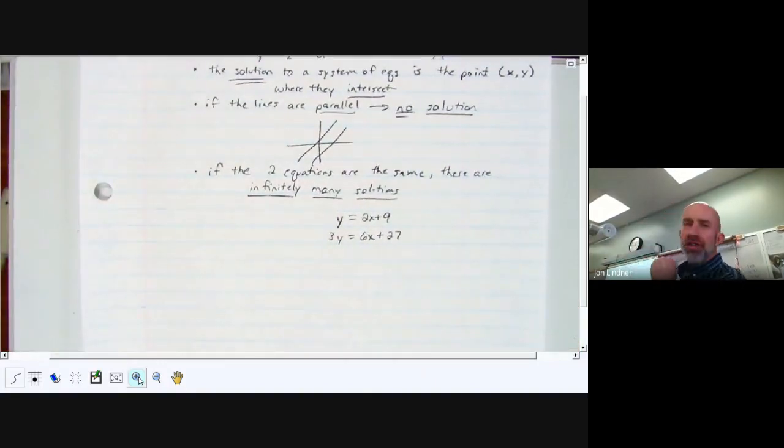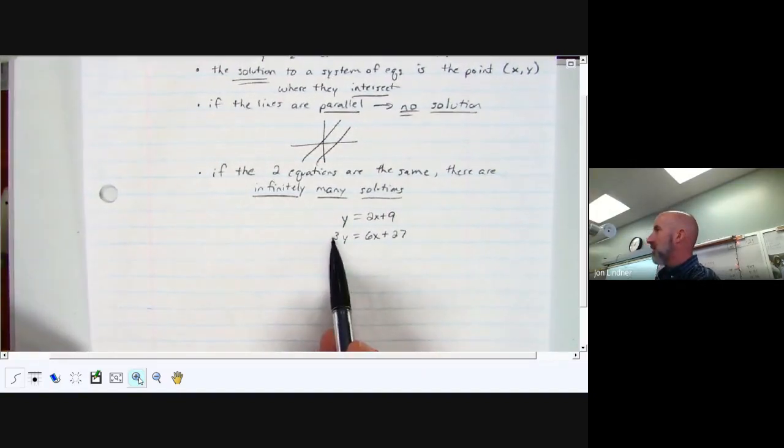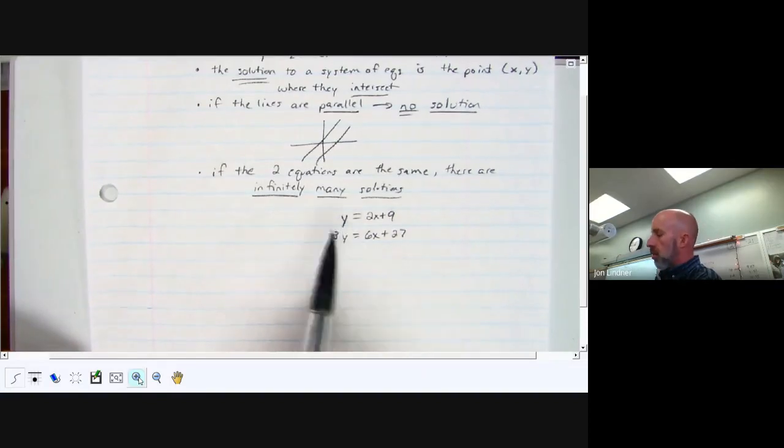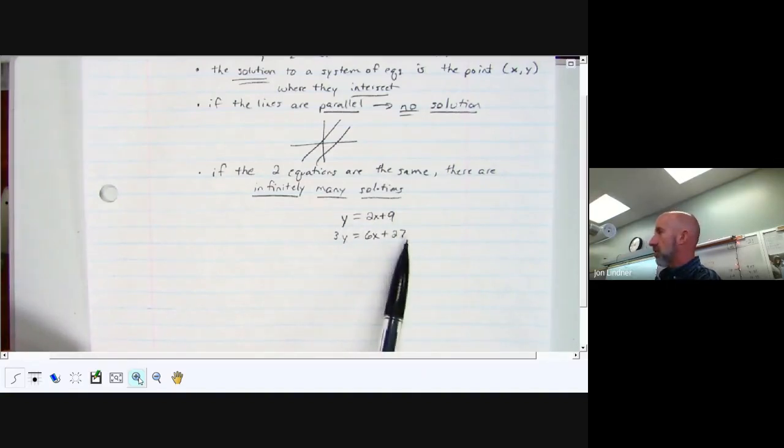If that is your system of equations, when you graph them, they would graph right on top of each other. Because look at this second one. Do you see this second equation is just the first equation multiplied by 3? If I multiply y, 2x, and 9 by 3, I'll get this second equation.